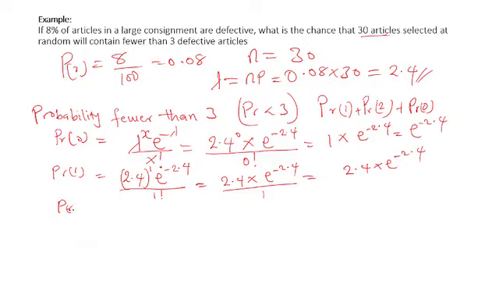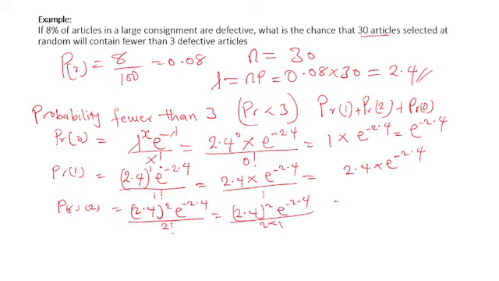Now for P of 2, it is equal to 2.4 raised to the power 2, exponential minus 2.4, all over 2 factorial, which is 2.4 raised to the power 2 exponential minus 2.4 over 2 times 1. And your value here will be 2.88 times e raised to the power minus 2.4.